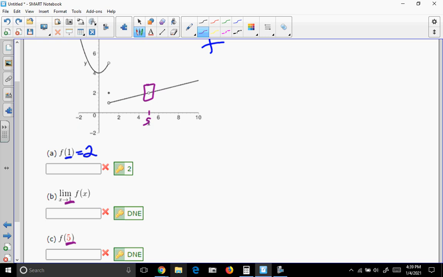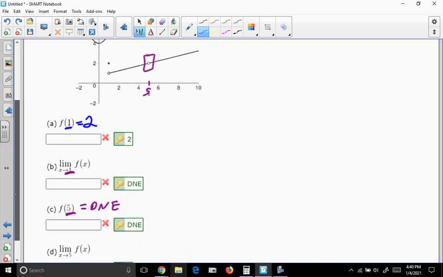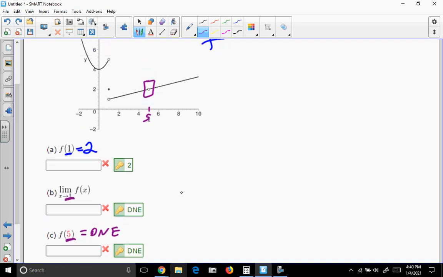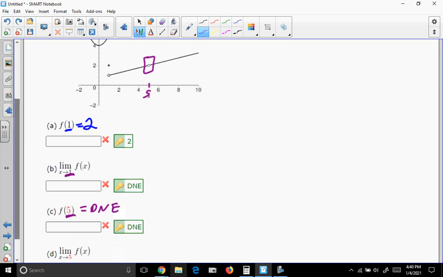When x is 5, there is no point. Hence, that does not exist. There is no point in existence when x is 5. So what about the limit at 5? What about the limit to this function as x approaches 5?